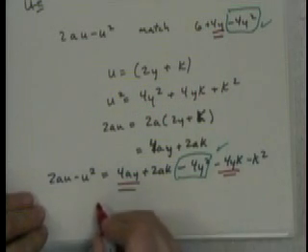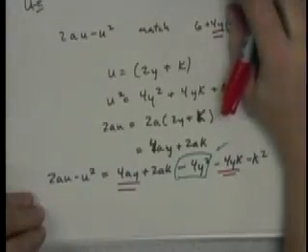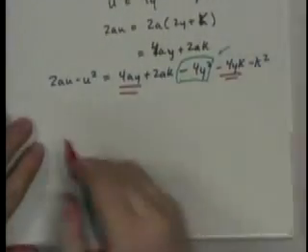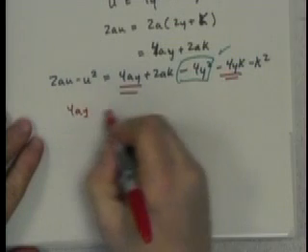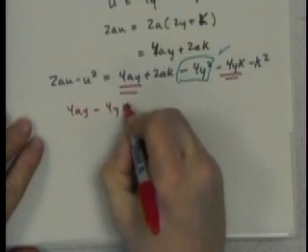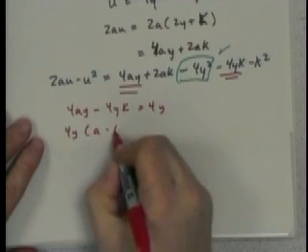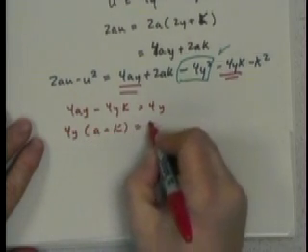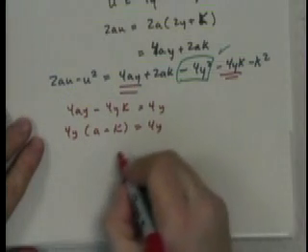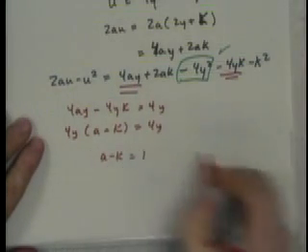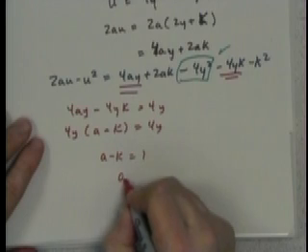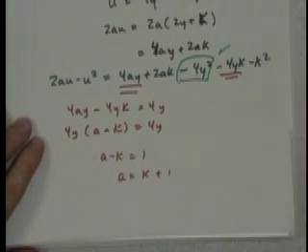So 4ay minus 4yk has to be 4y. When I factor this out, I get that a minus k has to equal 1. So a equals k plus 1.